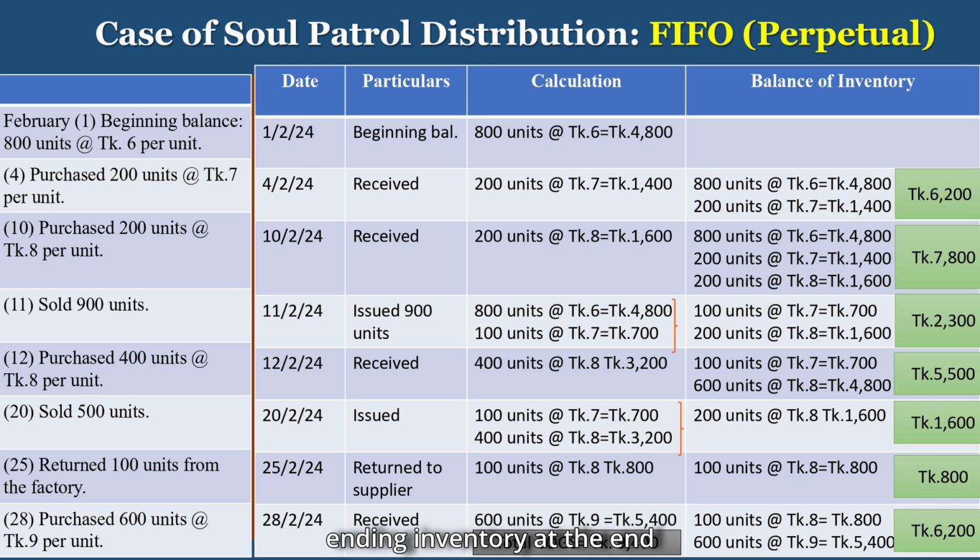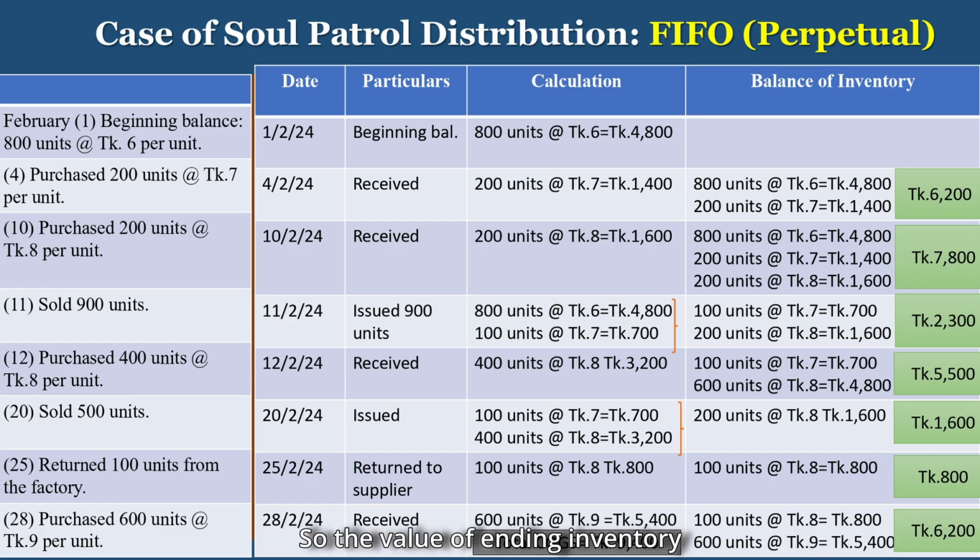And the ending inventory at the end of February 11 consists of total 300 units: the value of the first 100 units is at taka 7, and the value of 200 units at taka 8. So the total value will be 2,300. Then you have purchased 400 units at taka 8 per unit.